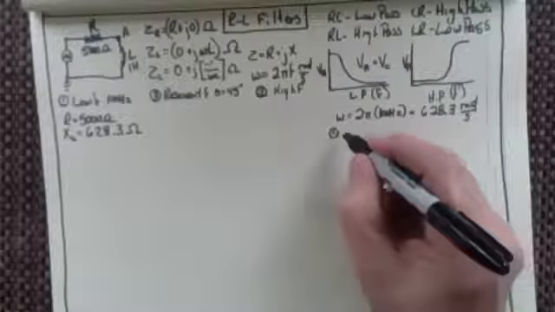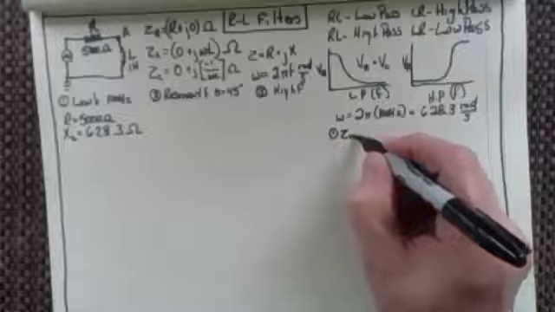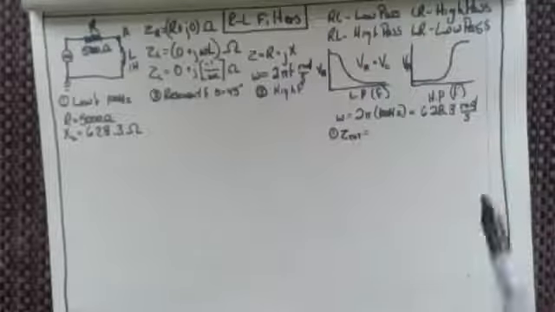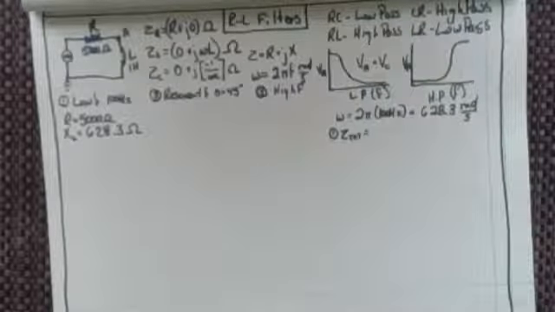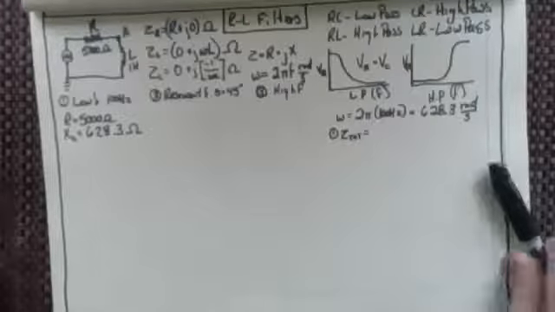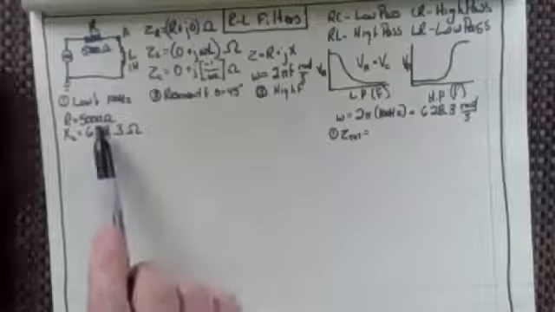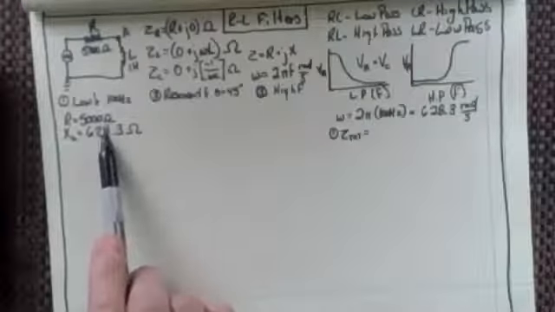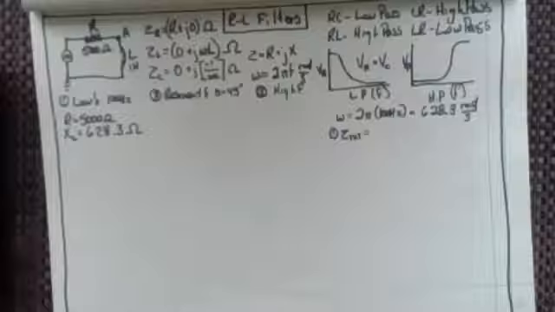So what is the total impedance? Everybody can see 628 compared to 5,000. We square the 5,000 and add it to the 628.3 squared, and then take the square root of the sum of the squares, just like in Pythagoras' theorem.